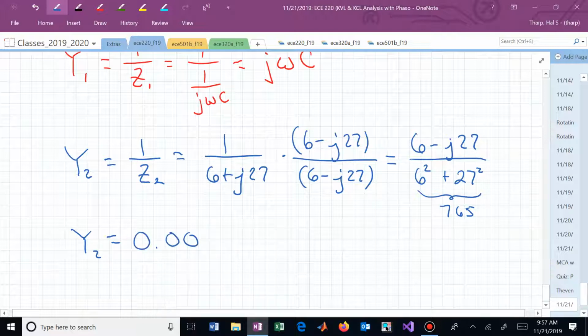It's 0.007843. I'm going to forget the milli. I'm just going to keep all the significant digits, or my decimal place, hopefully in the correct location. And the imaginary part's a little bigger. It's 0.03529, and the units on that is Siemens.